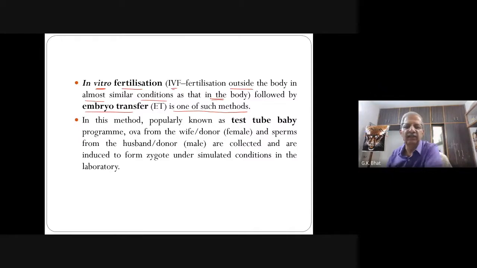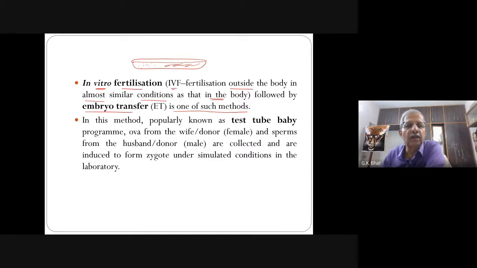IVF and ET. That means we may collect some of the ova and put them here. And we collect the sperms, also put them here. And we can make these sperms and ova meet each other, and the ovum gets fertilized by the sperm. Zygote gets formed.